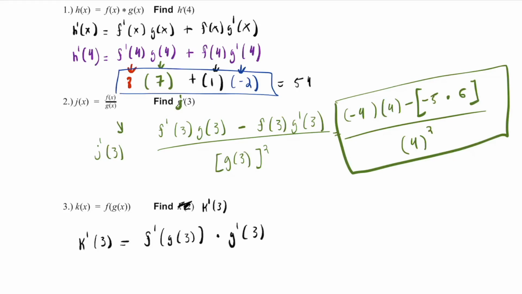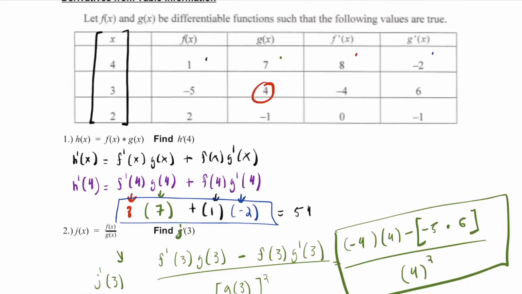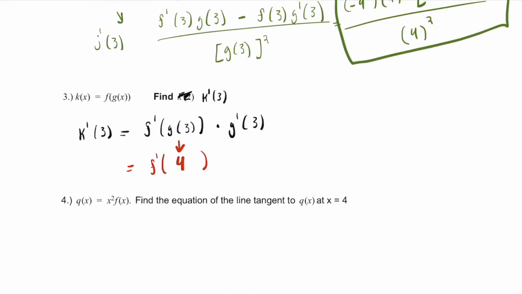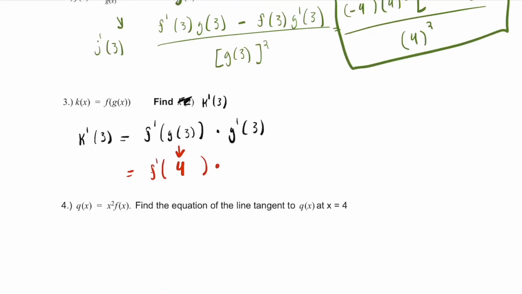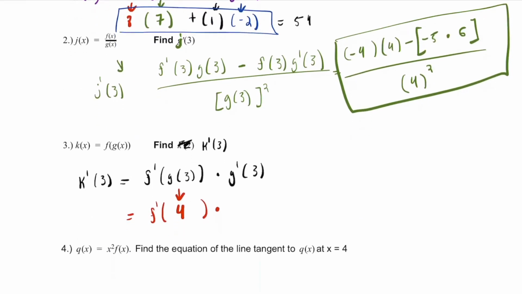Working our way inside out, I don't even know what I'm finding f prime of yet. I need to figure out what g of 3 is, and then I'll find f prime of whatever that thing is. G of 3 is 4, and we are going to multiply that by g prime of 3. G prime of 3 is 6.